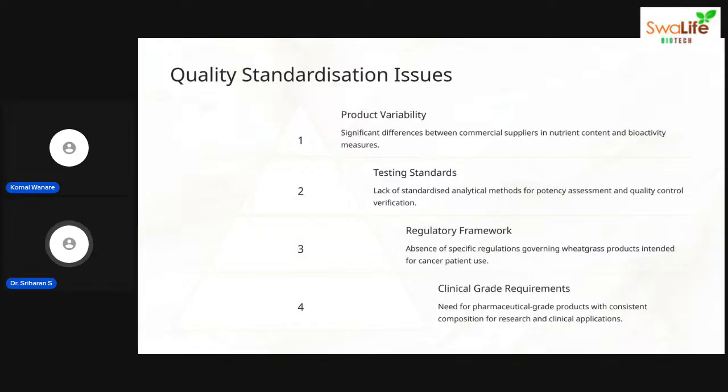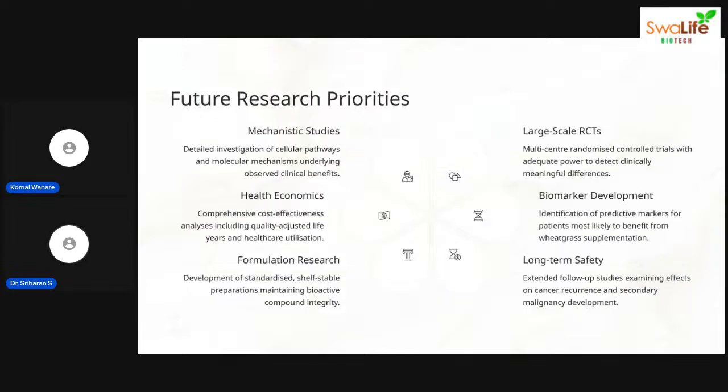So this is the quality standard issue in wheatgrass. If we overcome these quality standardization issues, it will give great evidence, and it will also gain standing in the global market. While we do the research, it will give good results once we overcome the quality standard issue.